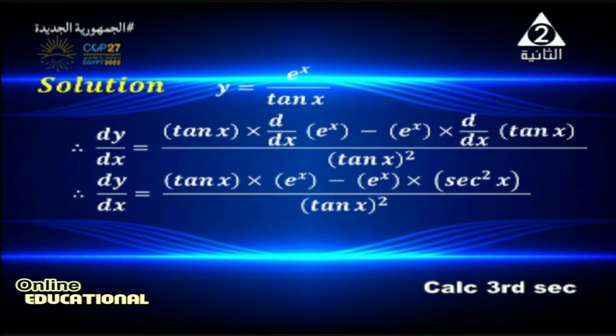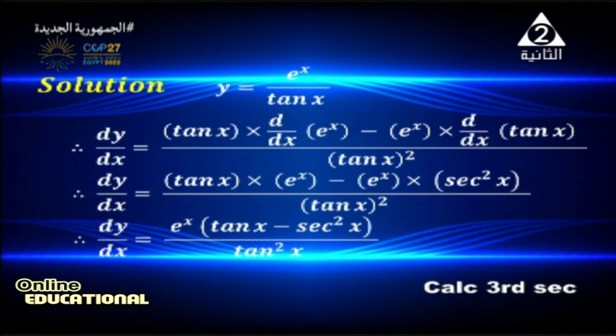We can take e to the power x as a common factor. Then dy dx equals e to the power x multiplied between two brackets tan x minus sec power 2x, all over tan power 2x. We can write tan x all power 2 as tan power 2x.